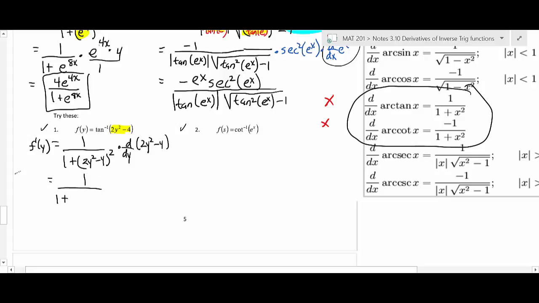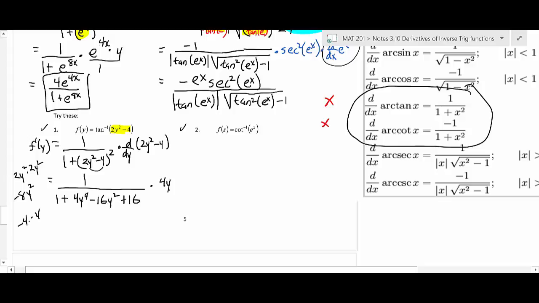So the first term, if you do 2y squared times 2y squared, that's going to be 4y to the fourth. Okay, when you do that middle term, that's negative 8y squared, but then you double it to make it negative 16y squared. And then if you square the negative 4, you're going to get a plus 16. Okay, like that. And then when I do this, that derivative is going to be just 4y like that.